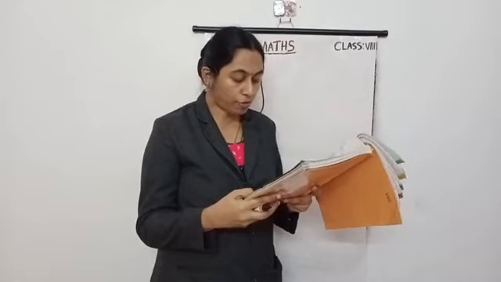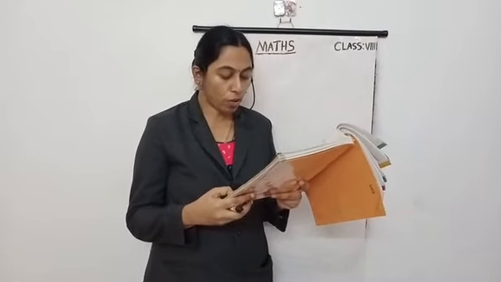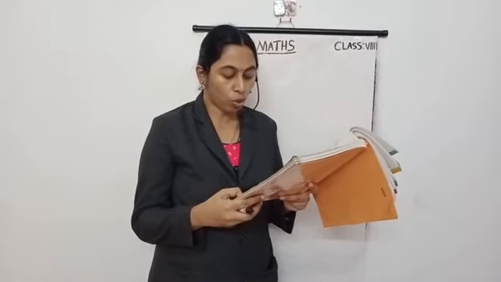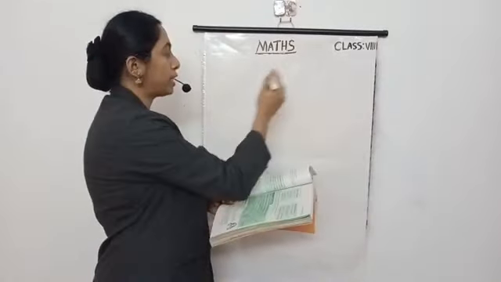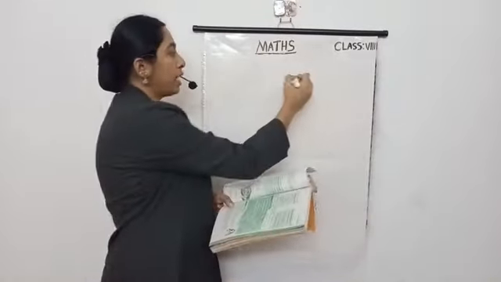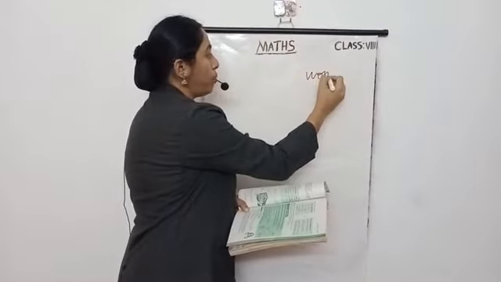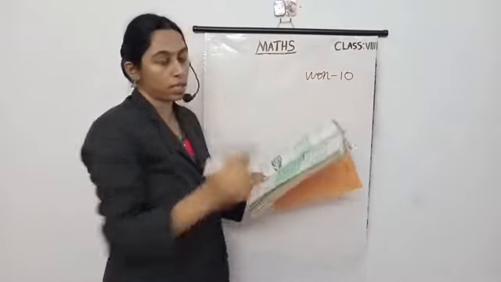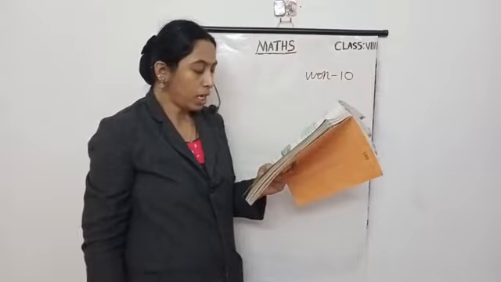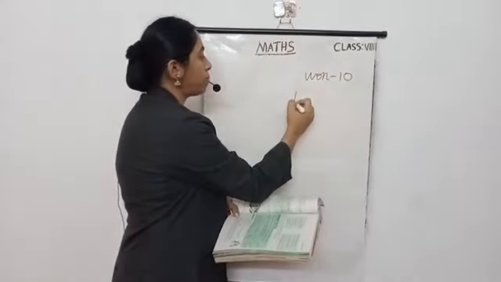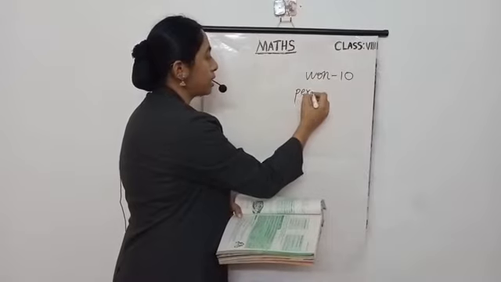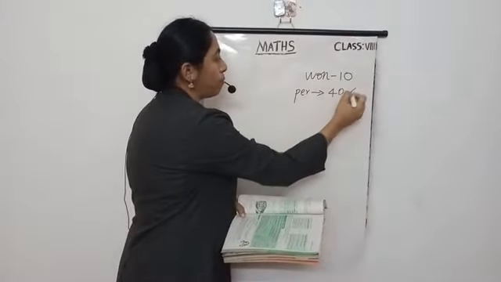Now question number 4. A football team won 10 matches out of the total number of matches they played. The total number of matches is not given. They won 10 matches. Okay. Their win percentage is given as 40%.